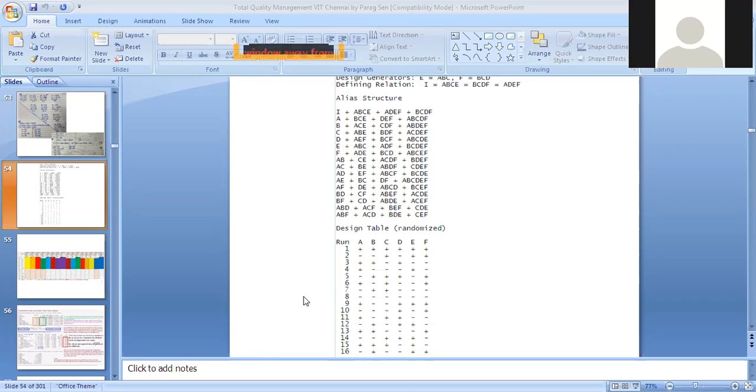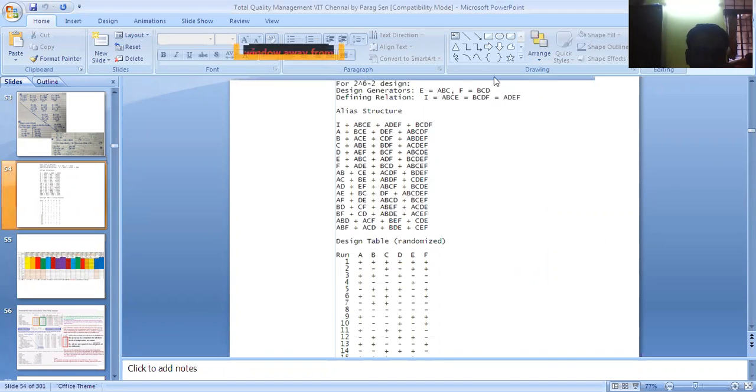From seeing the design matrix, you can easily understand that for the first run, you will be setting all the higher values. For the second run, minus, minus, plus. This is lower values, higher value, lower value, higher values. So for all the runs, how you will be setting your values, Minitab will provide you. And Minitab will also give you some additional information, which is actually required.